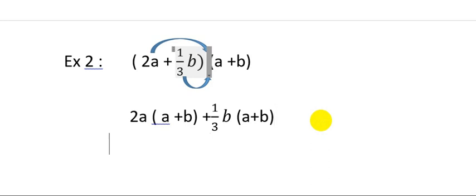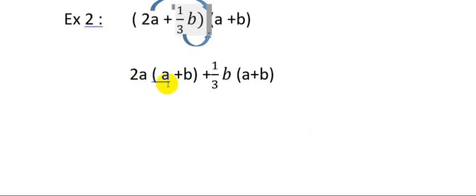So now you can start expanding these terms. 2a multiplied by a is equal to 2a square, because a multiplied by a is a square. Then the next term is plus 2a multiplied by b, which is 2ab. My third term is 1/3 b multiplied by a, so it's simply 1/3 ab.